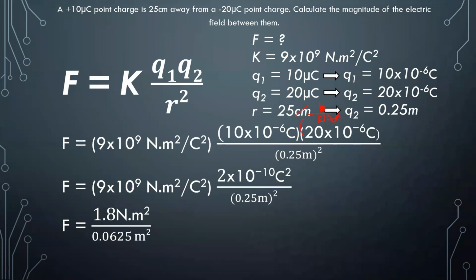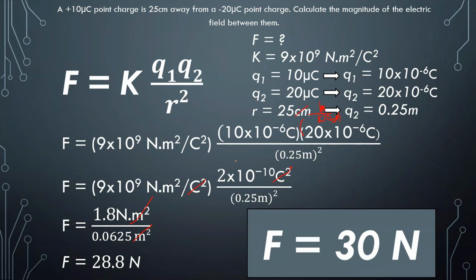Then 9 times 10 to the power of 9 times 2 times 10 to the power of negative 10, that is 1.8. So cancel yung square coulomb. Ang natira na lang is in Newton times square meters. So cancel yung square meters, so 1.8 divided by 0.0625, that is 28.8. So since the least number of significant figures is only 1, rounded to one significant figure, that results to 30 Newton.